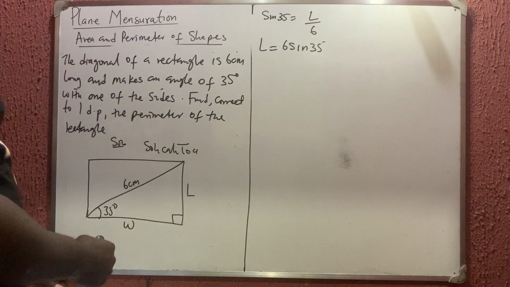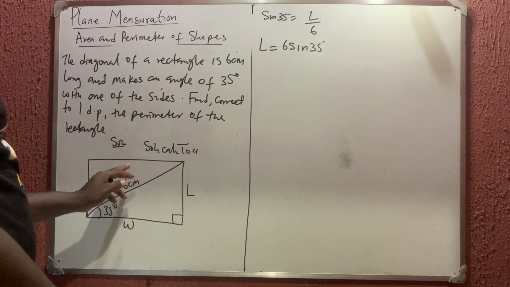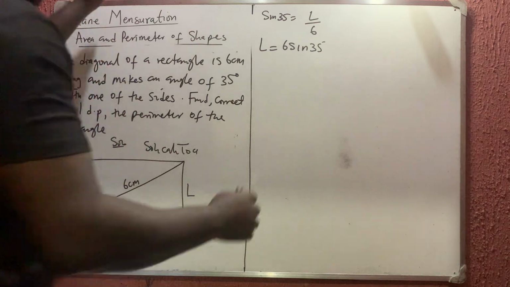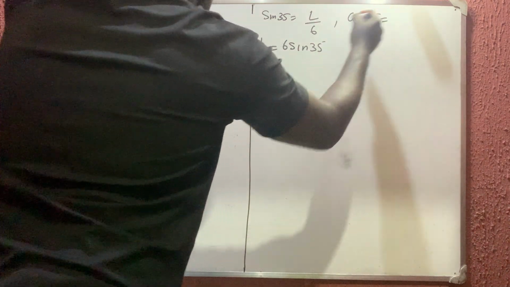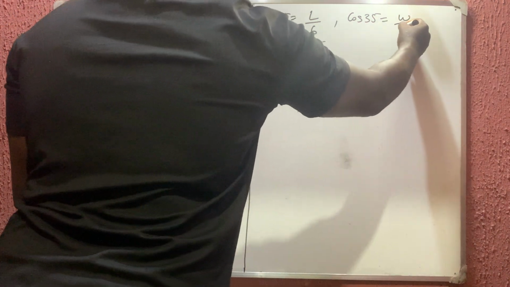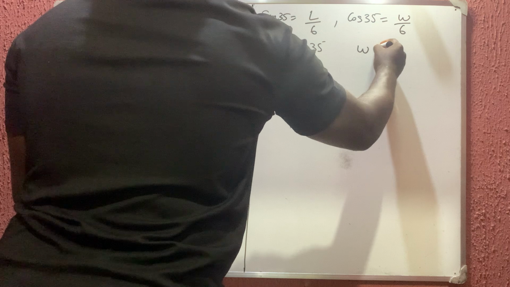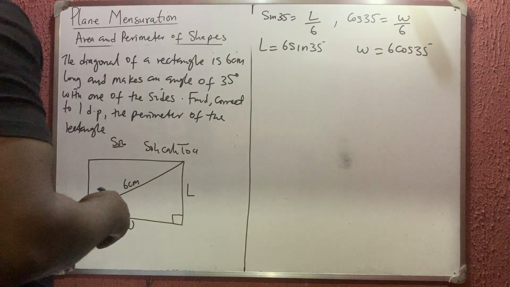For the other side, we say adjacent over hypotenuse, given. You must always use the one given. So cos 35 is equal to adjacent, which is our W, over hypotenuse, which is 6. So our W will be 6 cos 35. So we're asked to find the perimeter.